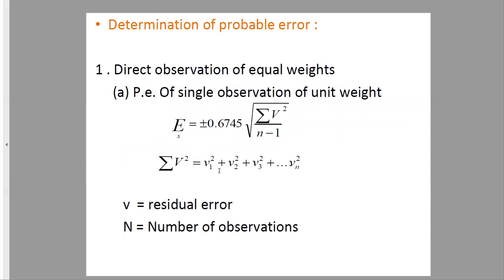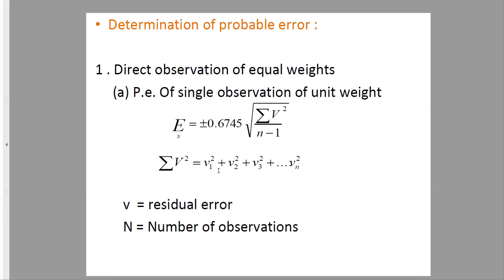Now we know the relations, how to calculate the probable error of a single observation of unit weight when there are no weight factors, that is any reading is taken only one time. Weight simply resembles how many times that particular value arises during the observation.